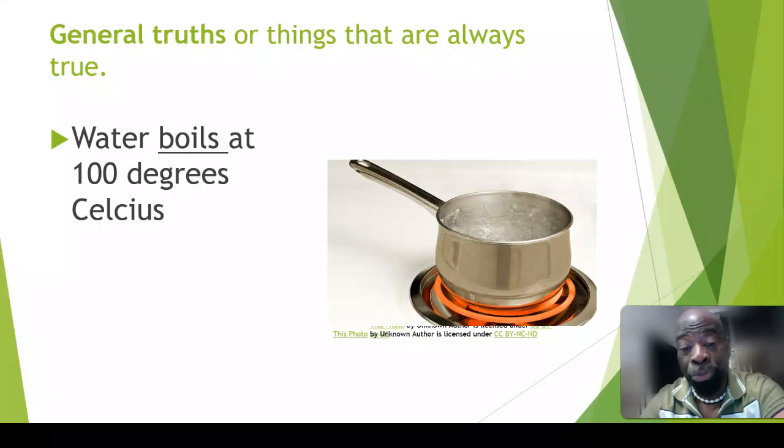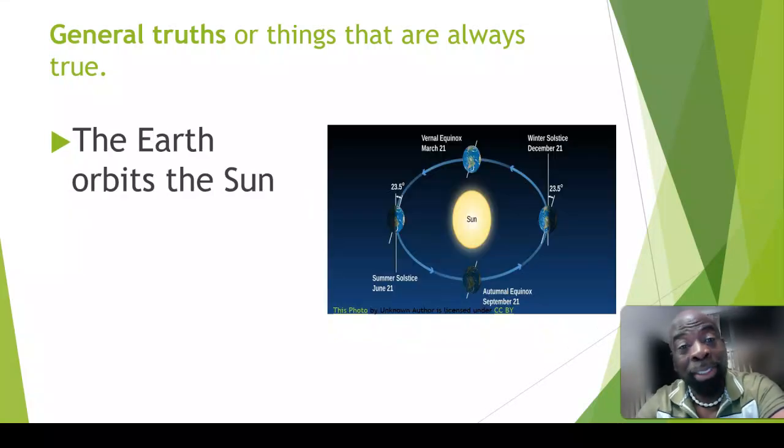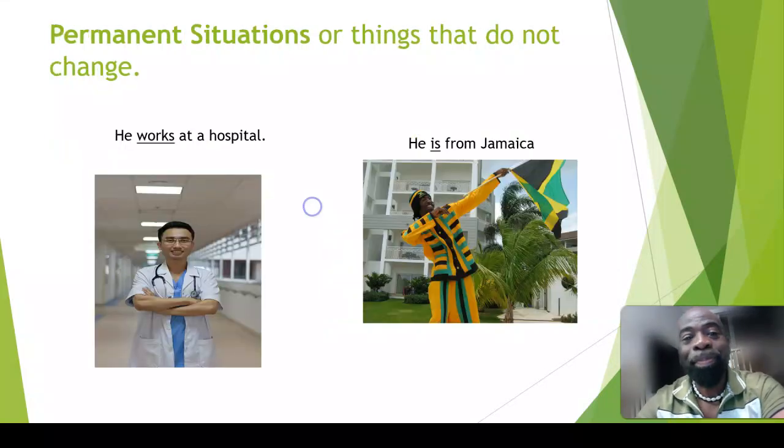It's a general truth. Another one: the earth orbits the sun. That's always the case, and we are glad that happens, because if that should ever stop, then all of us on this planet would be in big trouble.